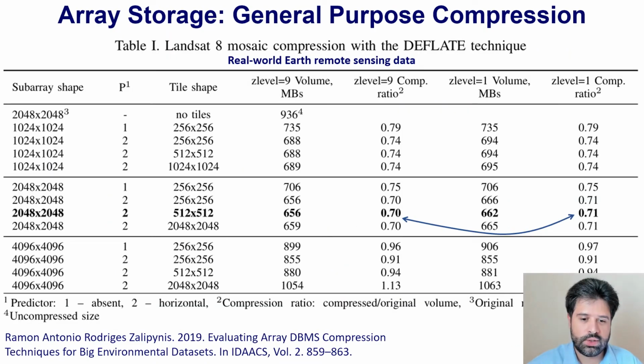Experiments on real-world data reveal that general-purpose compression does save quite noticeably the storage space. For example, Deflate can save up to 30% of storage space for Landsat 8 satellite data. However, there is almost no difference in compression ratios between the slowest and fastest settings.